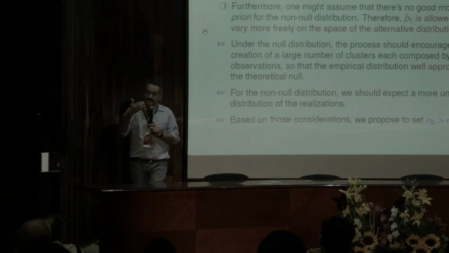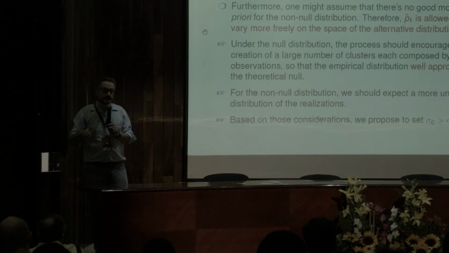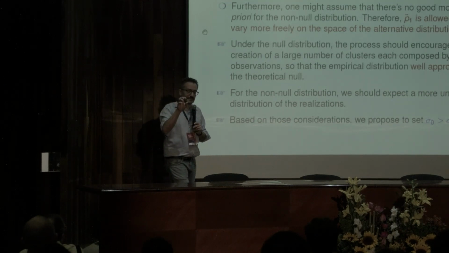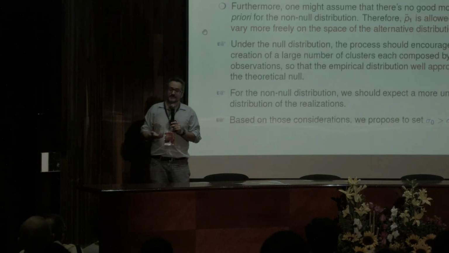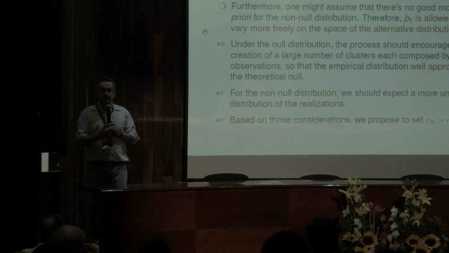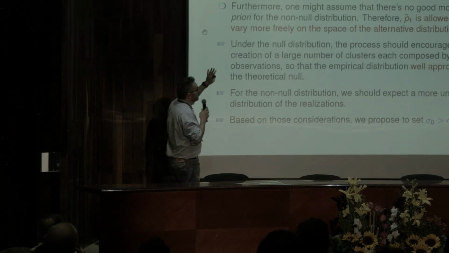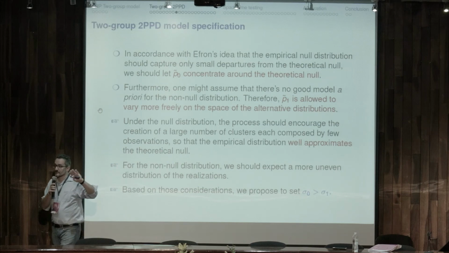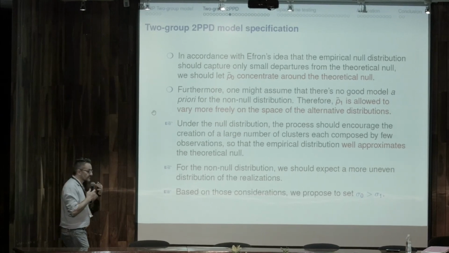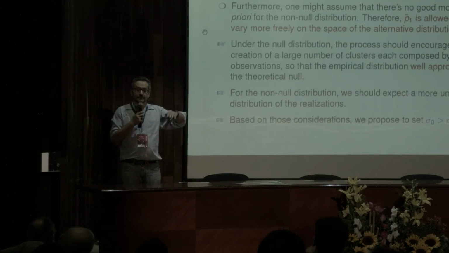So if the theoretical null distribution is a normal 0, 1 as a general setup idea, P0 tilde should concentrate around the true null distribution, and in particular, we want to do quite a good job in estimating this true null distribution. So the suggestion here is, first, to consider high values of sigma when we want to estimate P0, because based on the conclusions that we reached before, we expect these high values of sigma to give rise to many samples, right?